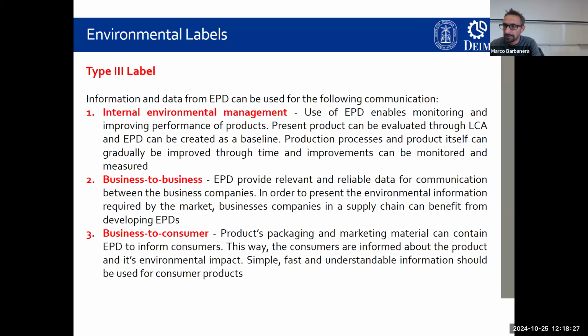In this slide you can see how the information and the data from an environmental product declaration can be used. For example, this information can be used for internal environmental management, for business to business, for business to consumer.